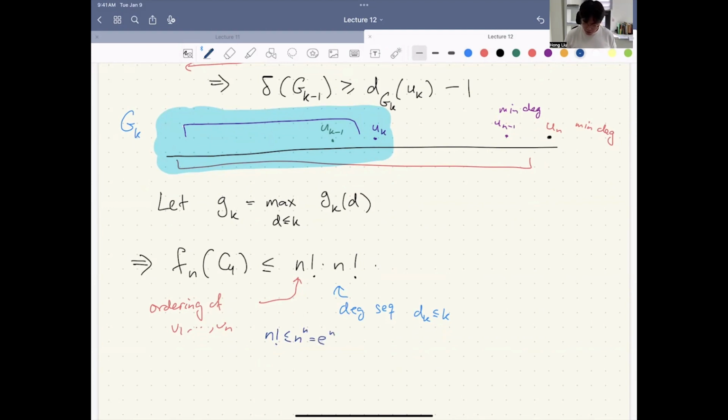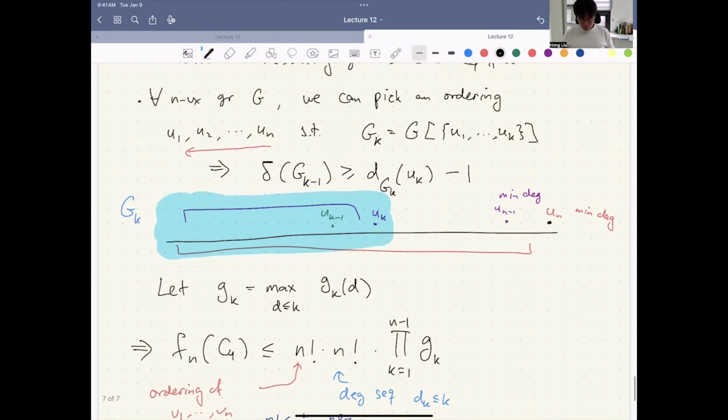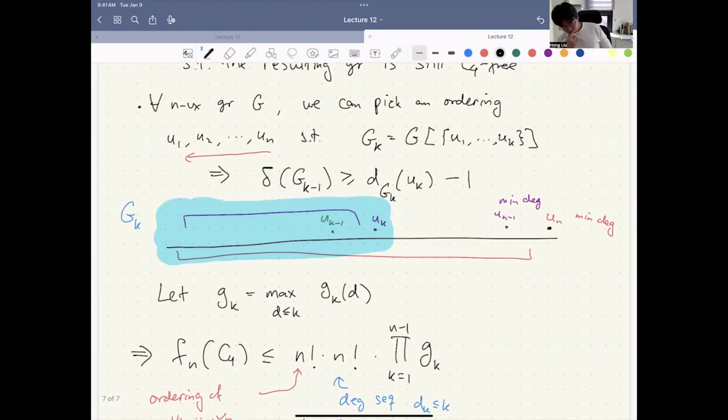This is like e to the n log n, and the bound we want is 2 to the n to the 3 halves. So it is way less. This is a lower order term. So what we care about is the last term, the product of the number of extensions, GK for k from 2 to n. Oh, this is probably 2 to n, sorry.